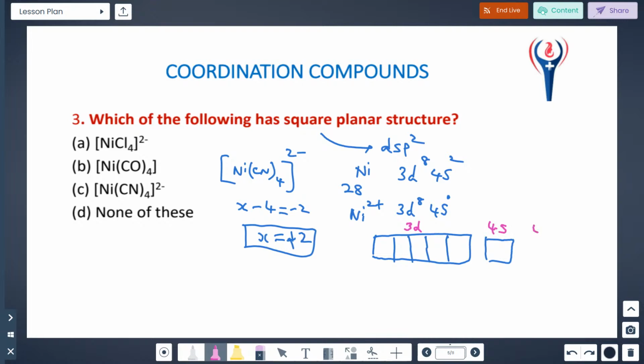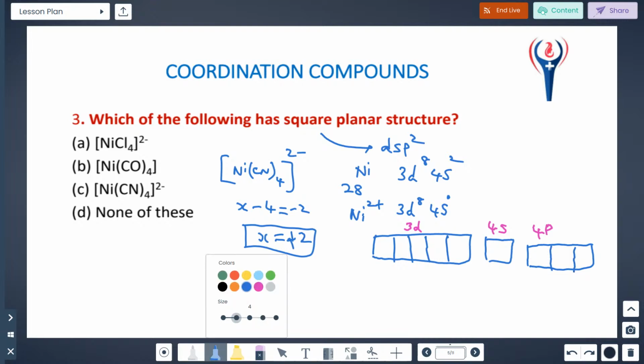Then I should also take the 4p, then only we can find out the hybridization. Are you following? This outer electron configuration, nickel 2 plus means loss of 2 electrons. Then we are getting this. Now we are going to put the electrons in the orbitals. 3d8 4s0.